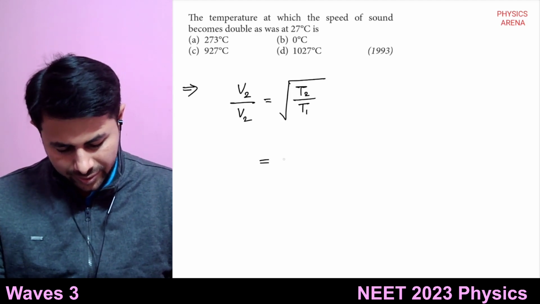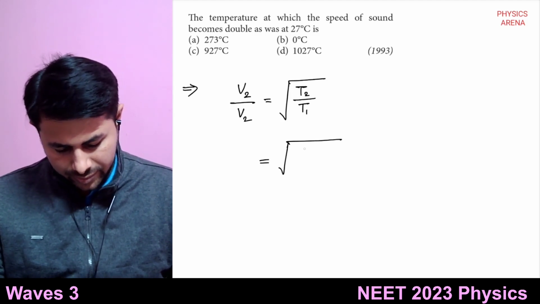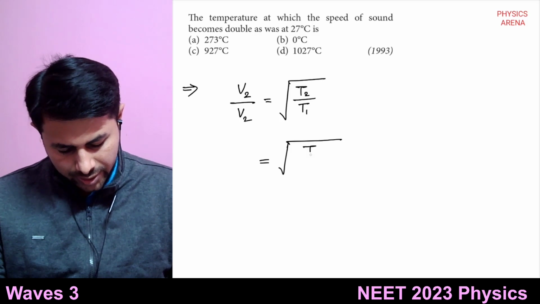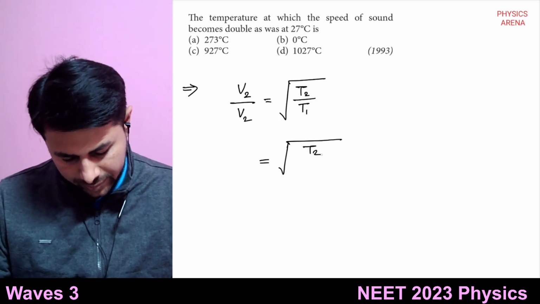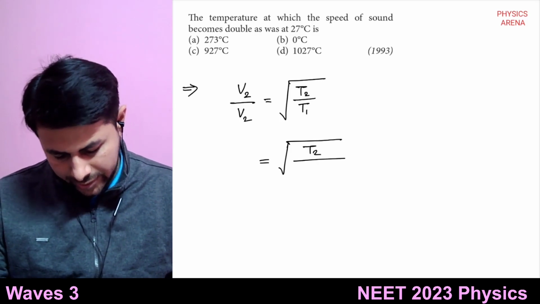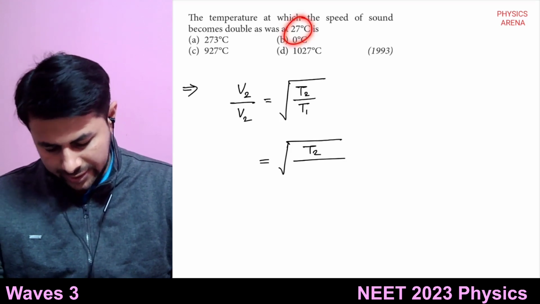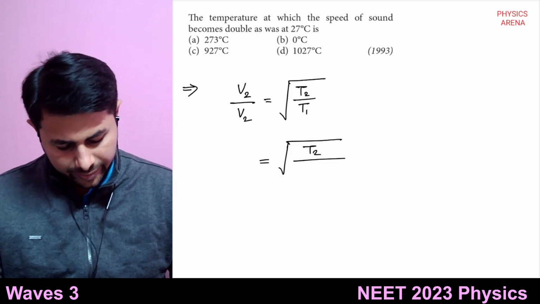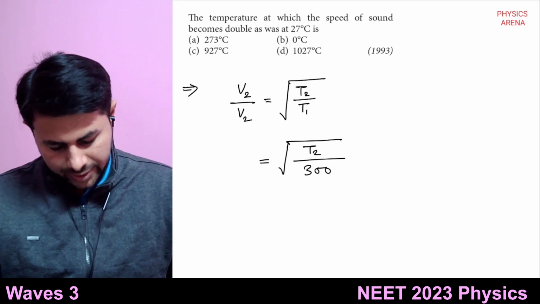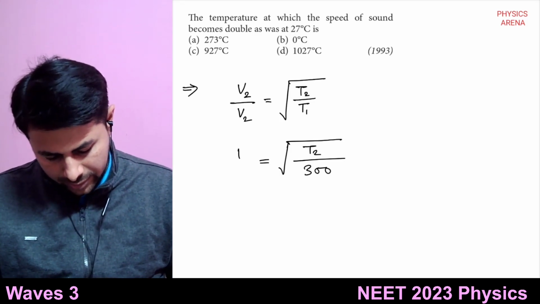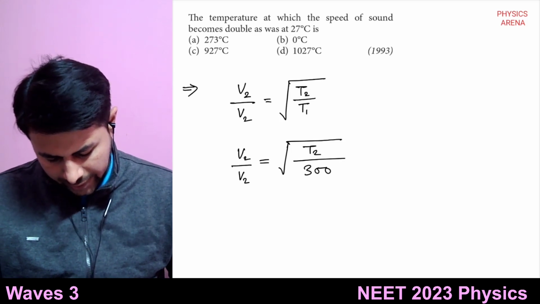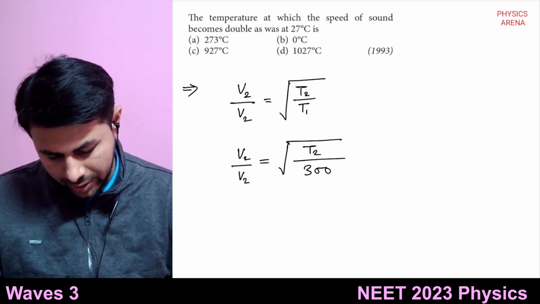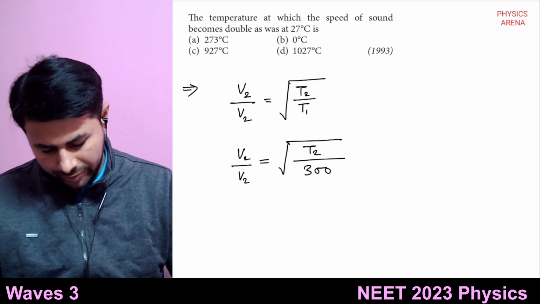T2 divided by T1. T1 is 27 degrees Celsius. Convert it into kelvins by adding 273. So it is 300 kelvins, right? And how much is V2 by V1? It gets doubled, so V2 by V1 is 2.